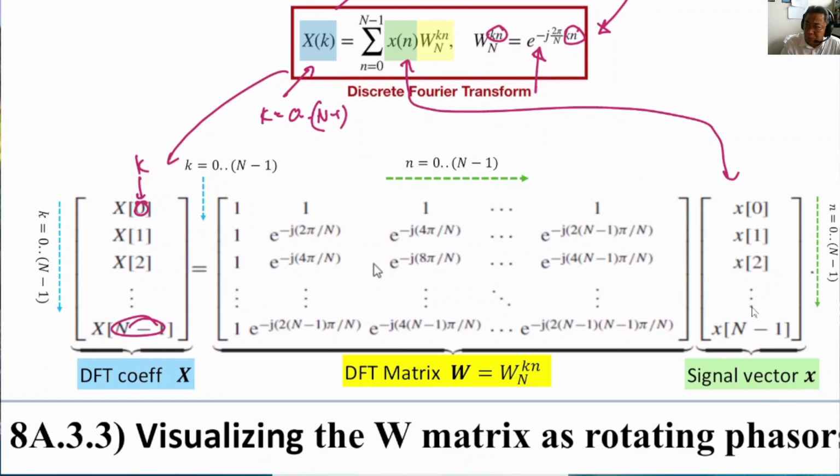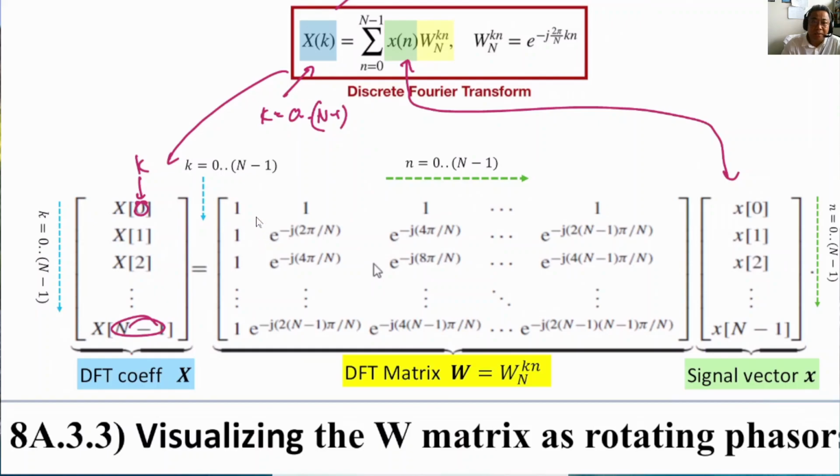What about this W matrix? Now we insert this element, W_N^{kn}, we substitute different k and different n, and what do you get? Well, the difference is that there is a minus sign here. As we go down the rows, we're changing k. As we move along the columns, we're changing n.